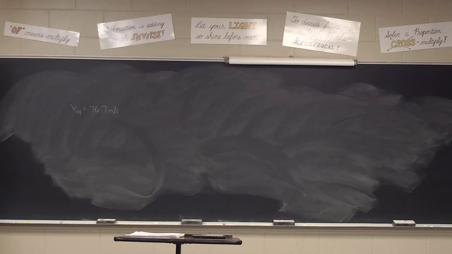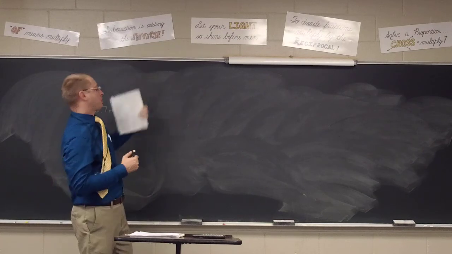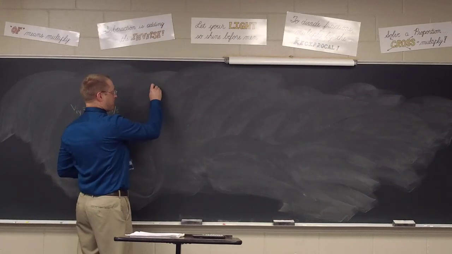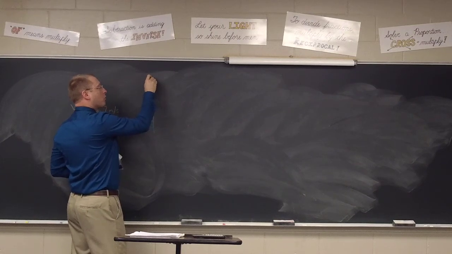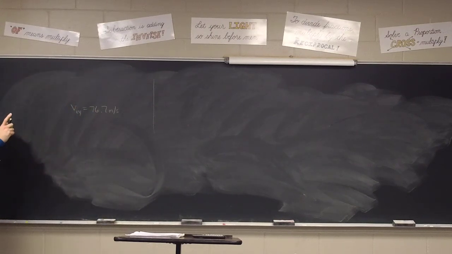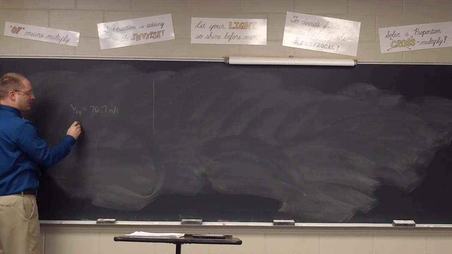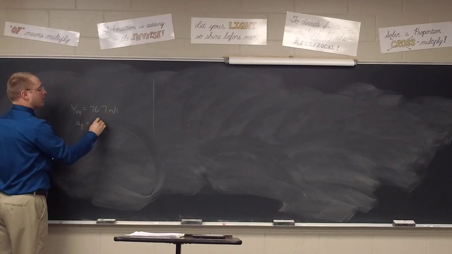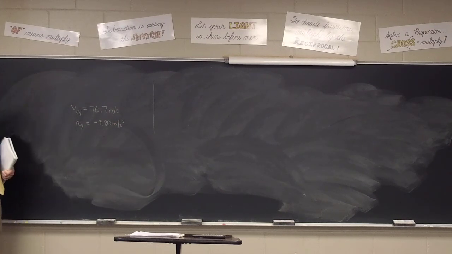But we know some other numbers. So we know if the guy rears back and shoots it straight up, the arrow goes up, and at some point will stop. Why will it come to a stop, ever so briefly? Gravity does what? Decelerates it at a rate of negative 9.8 meters per second squared.